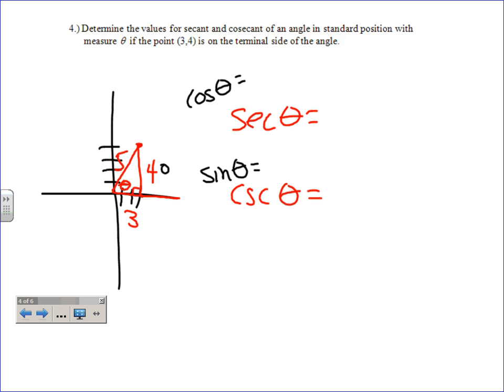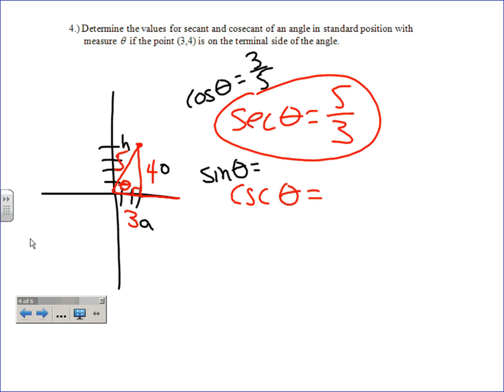This is opposite. This is adjacent. That is hypotenuse. And so if we're doing cosine, that's adjacent over hypotenuse. So that is 3 over 5. You flip it, it's 5 over 3 for secant. So sine is 4/5. You flip it, and you get 5 over 4.